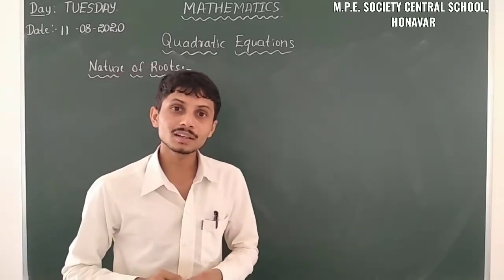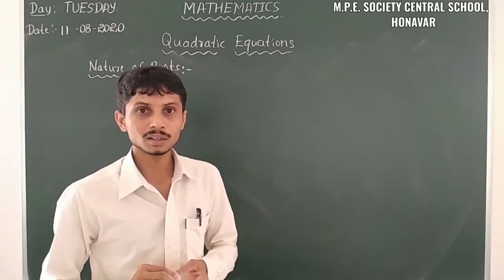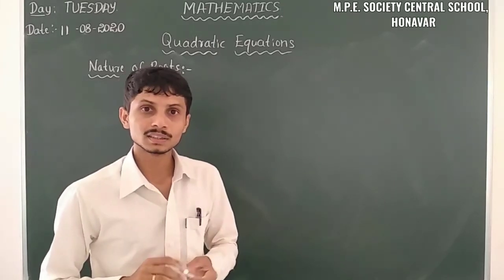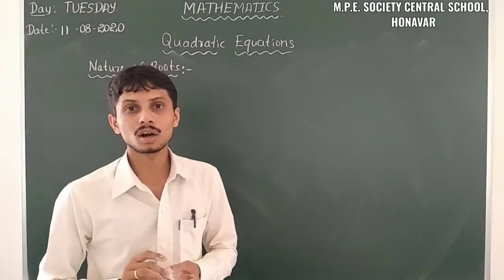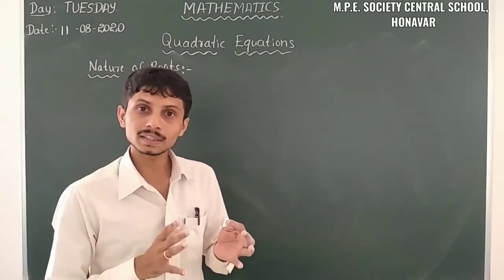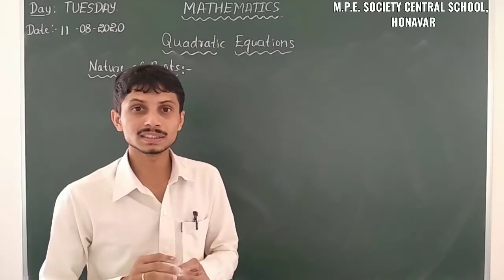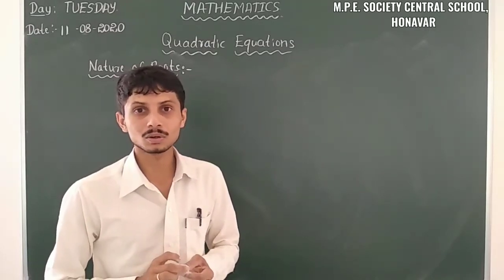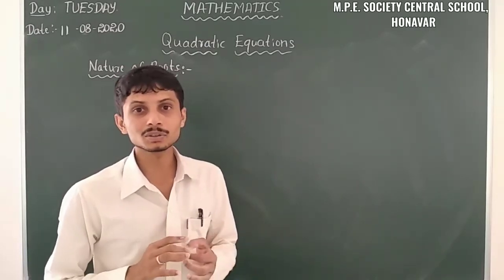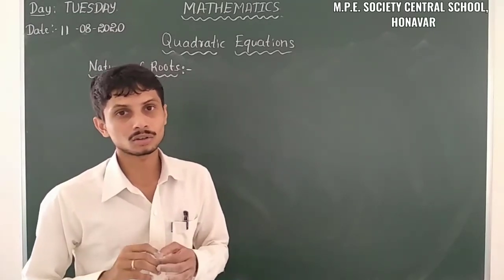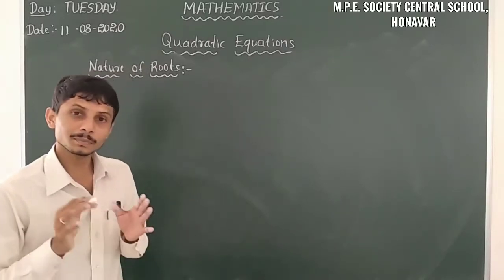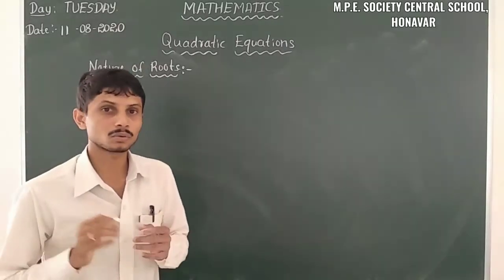But when we use the quadratic formula, we have to analyze whether the roots are real or not by the term b square minus 4ac being greater than or equal to 0.